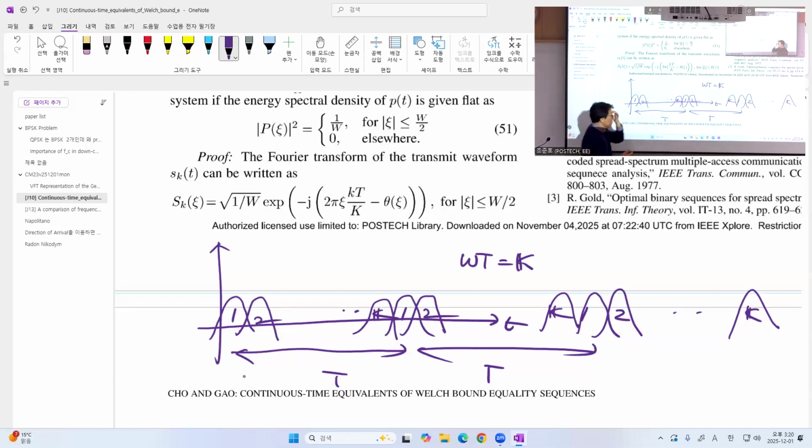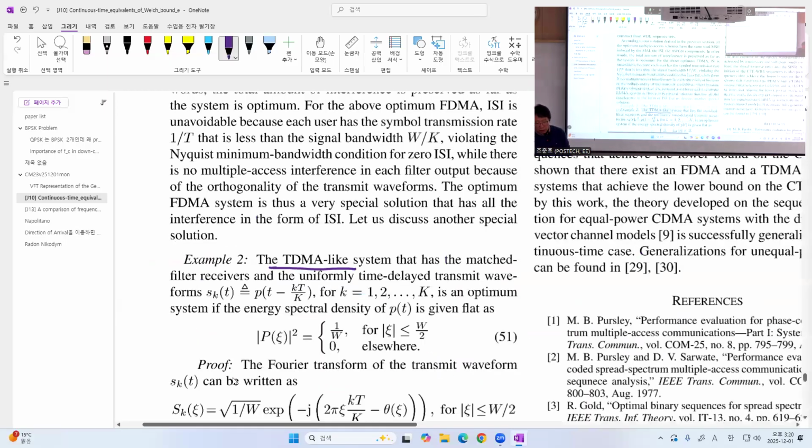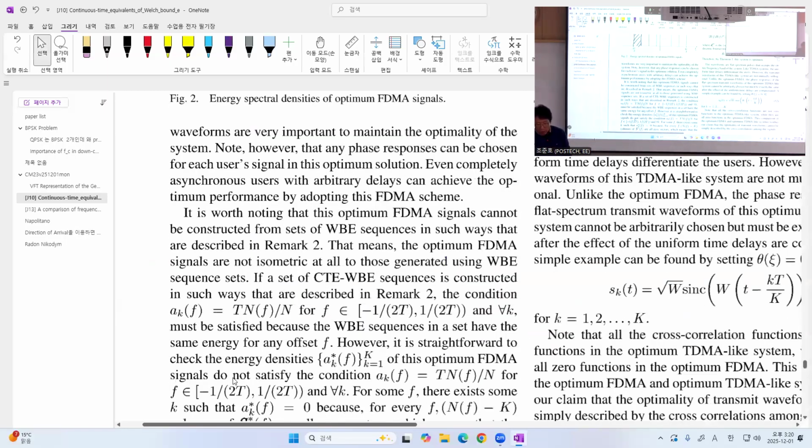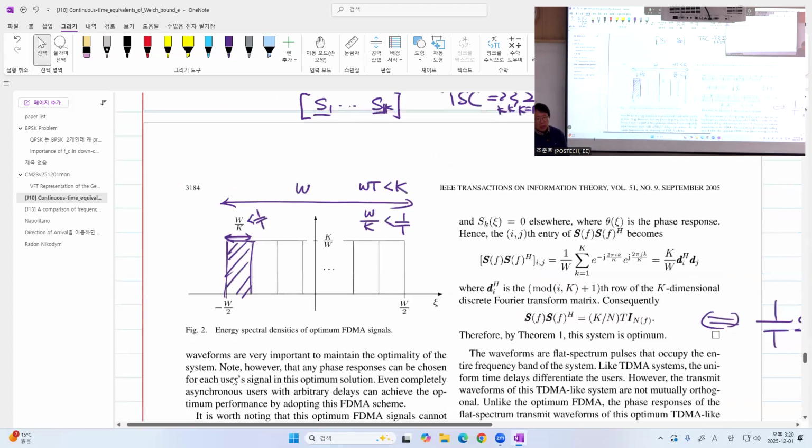Or all the interference is from this time division, not perfectly divided multi-access users. And of course, we can design CDMA users similarly.